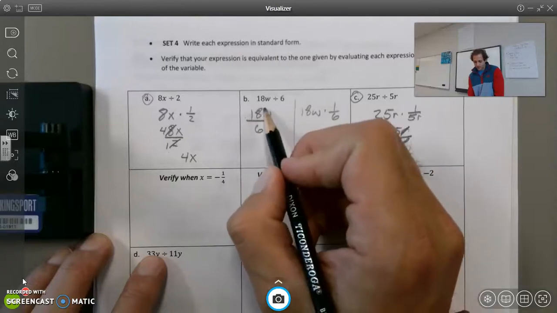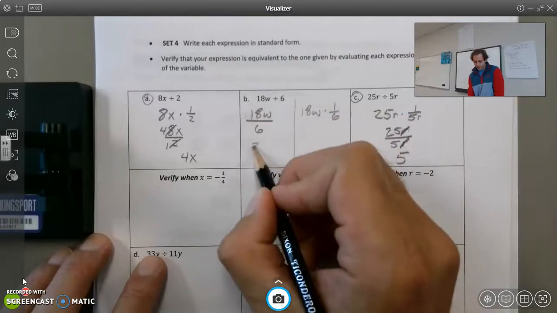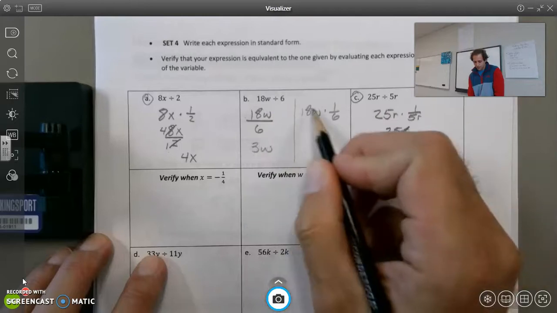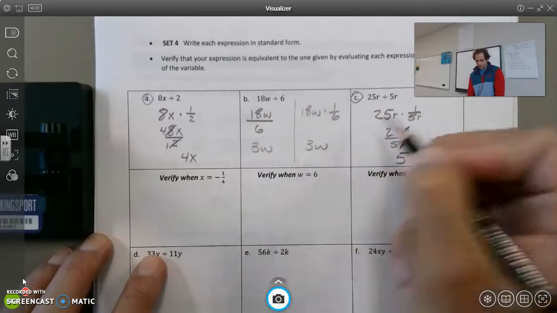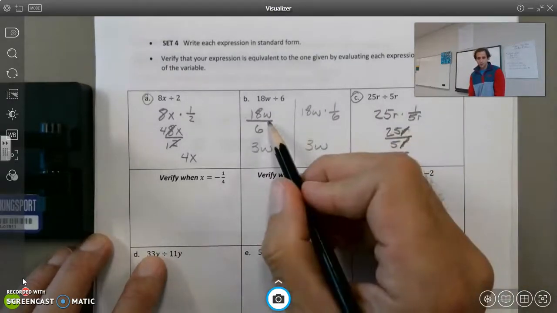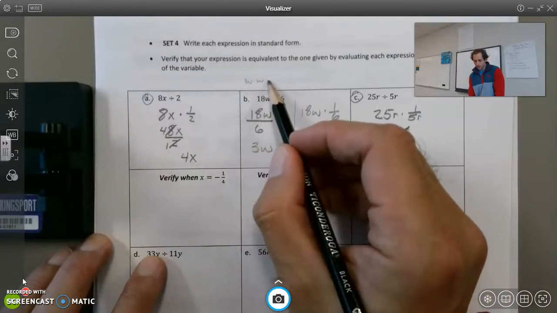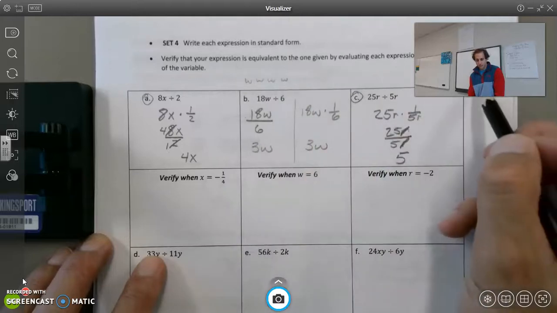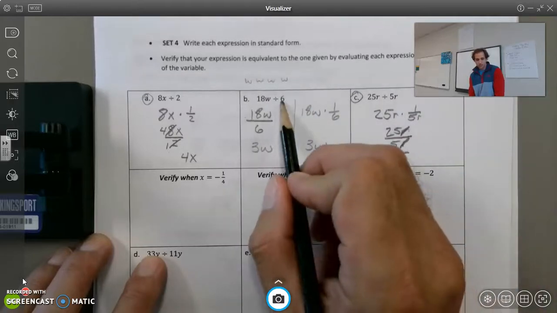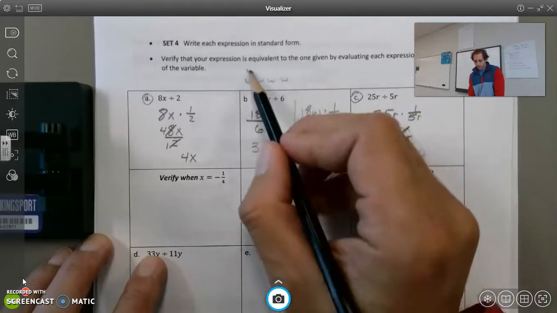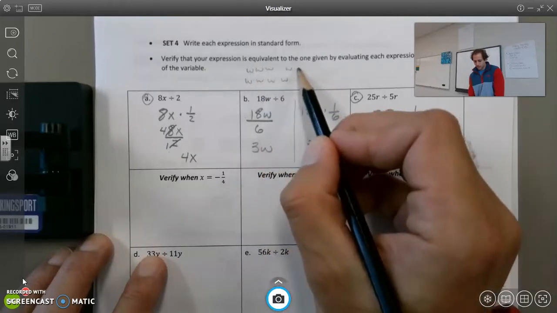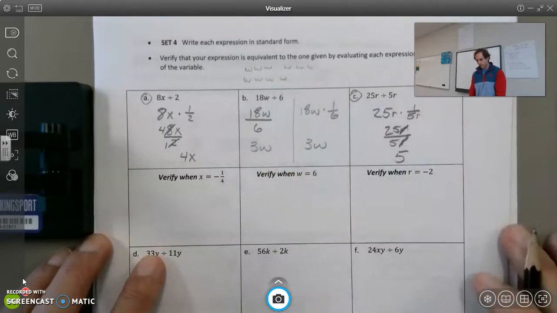So if I divide out 6 from that, I would get 3W. You could think about that conceptually. If you had 18 W's, like draw out 18 W's, and then you put them into 6 groups, each group would have 3 W's, right? Okay.